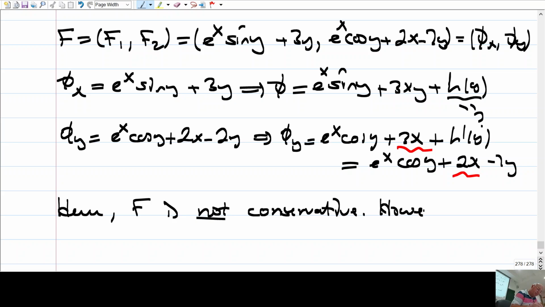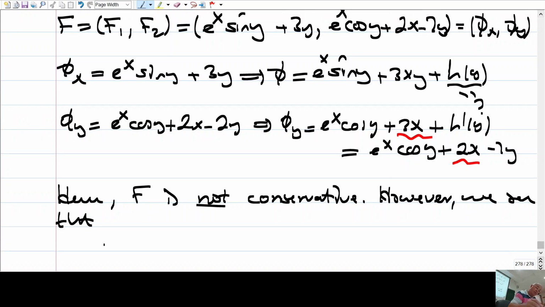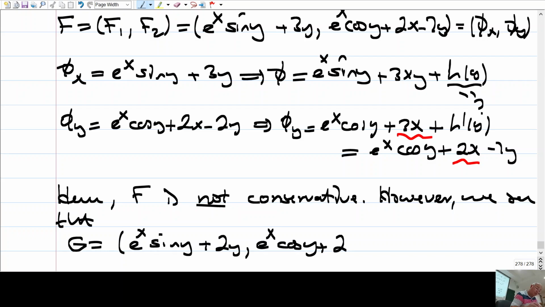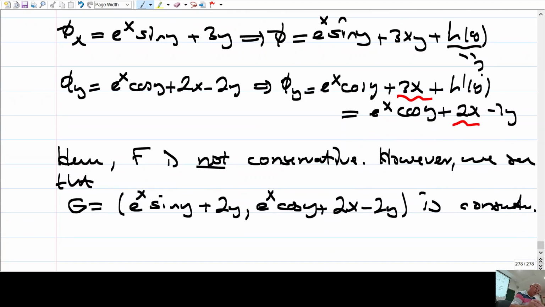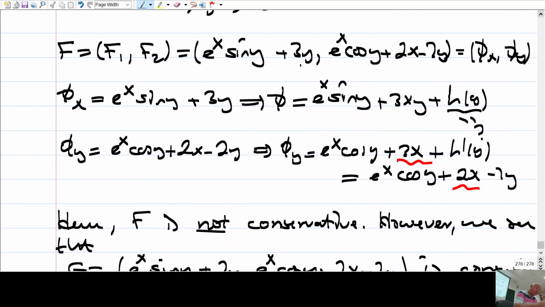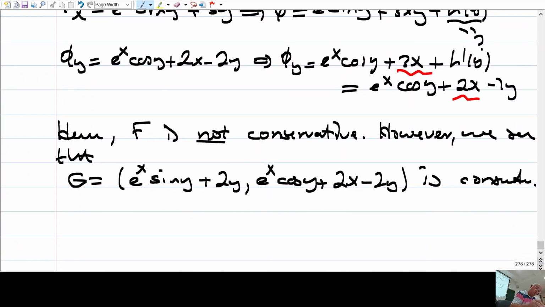However, we see that this gadget, so let's say g, which is e to the power x sine y plus 2y, e to the power x cosine y plus 2x minus 2y, is conservative. So I just replace 3y by 2y.